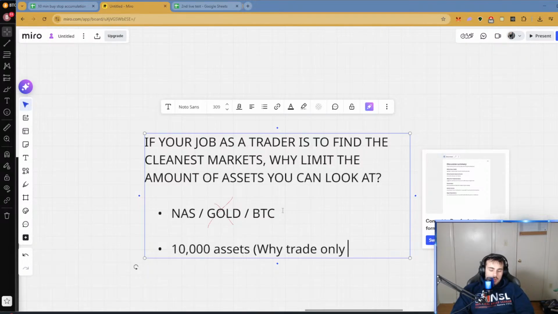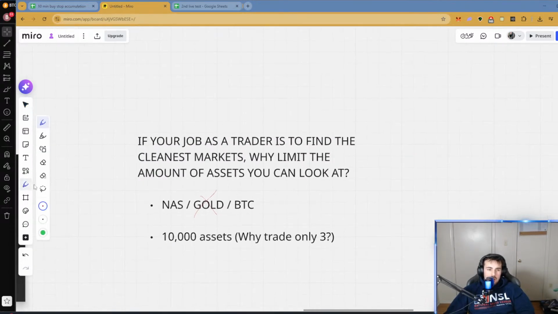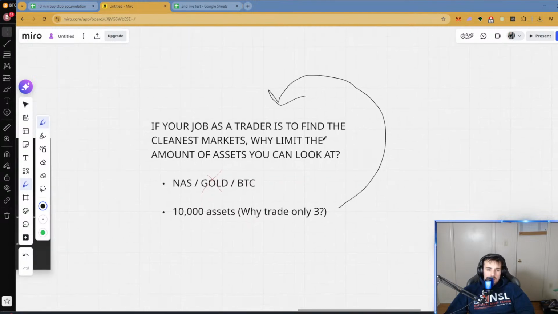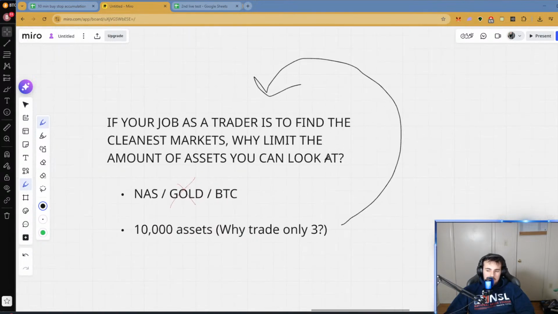Why trade only 3? Why trade only 3 if your job as a trader is to find the cleanest markets possible to trade?